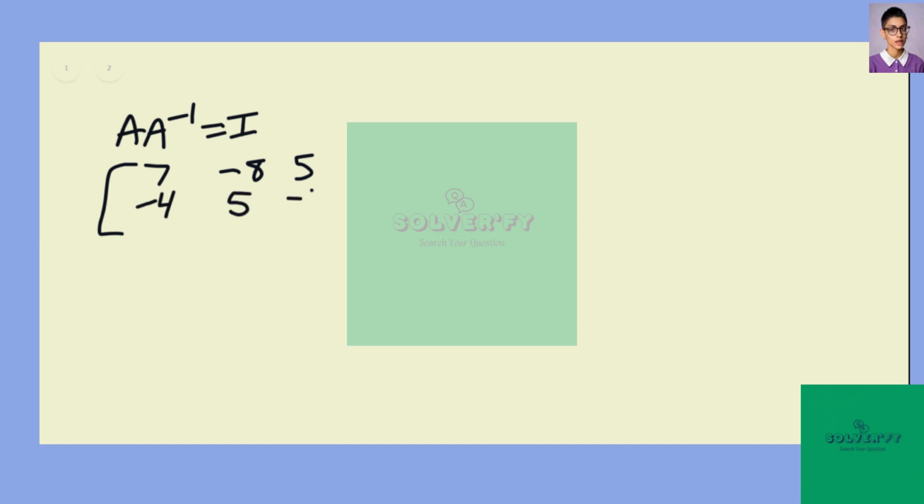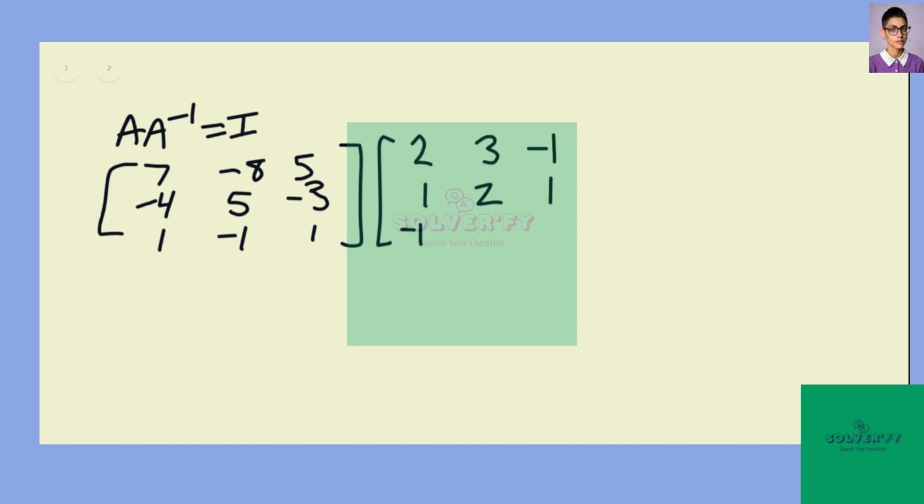Just changing our order. So we multiply that by our inverse, as such.